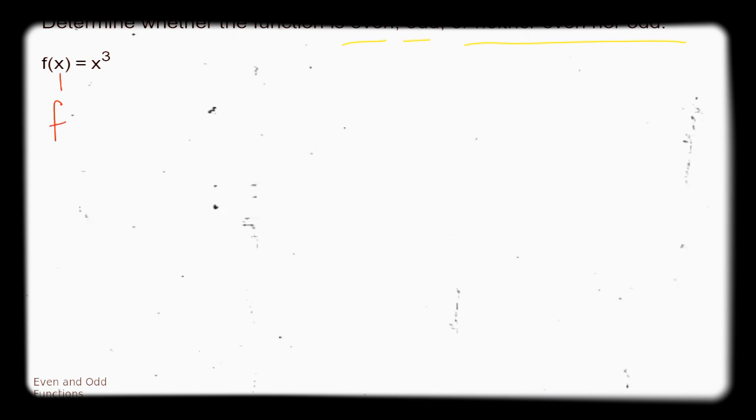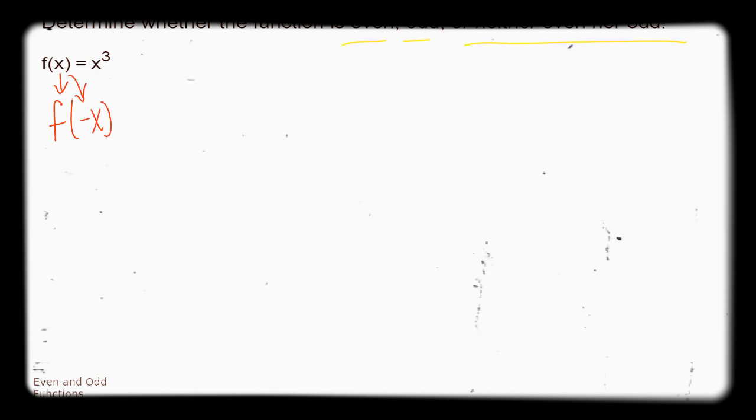So we're still trying to decide if it's even, odd, or neither even nor odd. They're very specific. So the first step is to change the x to negative x.